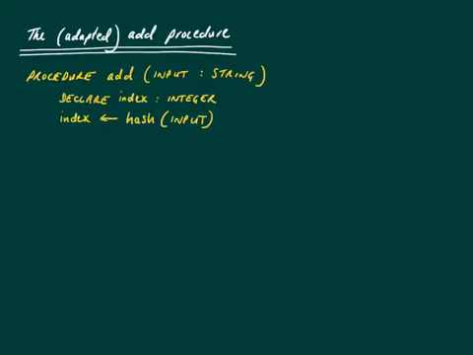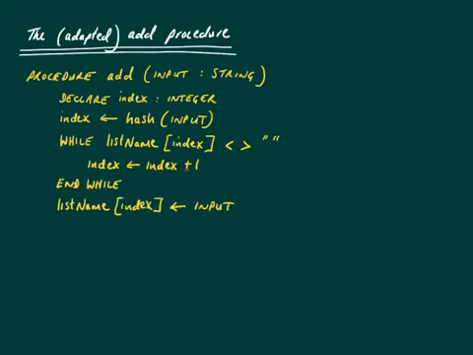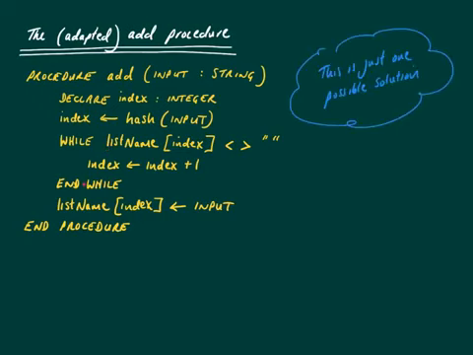So starting off with the first few lines of the previous add procedure, we are going to initiate a while loop. This while loop looks at the index position and checks to see if it's empty. If it isn't empty, it increases index by 1, and it will continue until it goes all the way through the array and finds a gap.